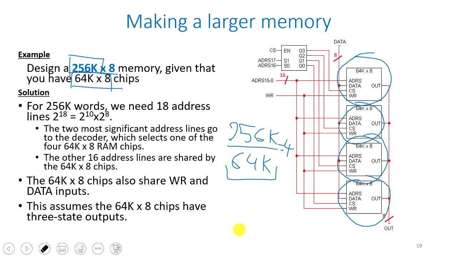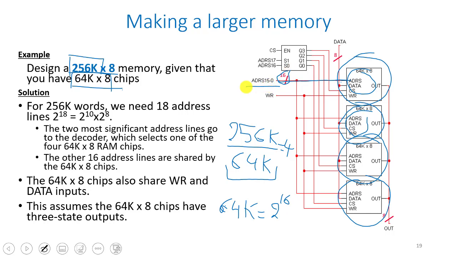So, okay, once more. 64K is equal to 2 to the power 16. This means I will need 16 address bits for each one of these guys over here. So I have here 16 address bits, as you can see, address from 0 to 15.